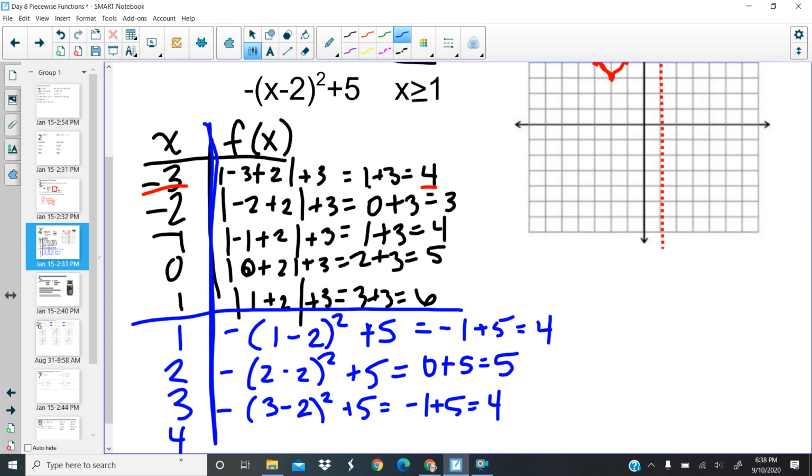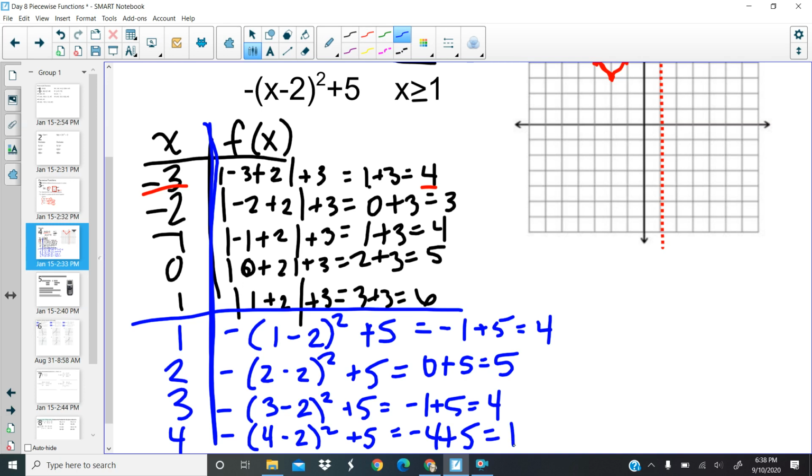And then I'm going to go ahead and do where x equals 4 as well, so I would have negative 4 minus 2 squared plus 5, and I would get 4 minus 2 is 2, squared is 4, and then you have to make it negative, so negative 4 plus 5, and that's going to equal 1.